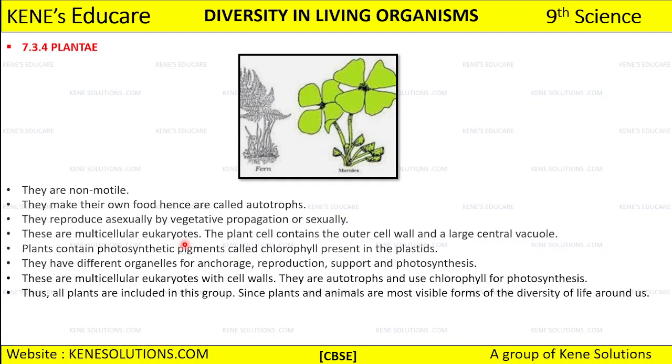I want you all to know this basic thing: why can plants prepare their own food and animals cannot? The basic reason is that plants have chloroplasts. Inside the chloroplast there is a photosynthetic pigment called chlorophyll. This is why plants can perform photosynthesis and animals cannot.